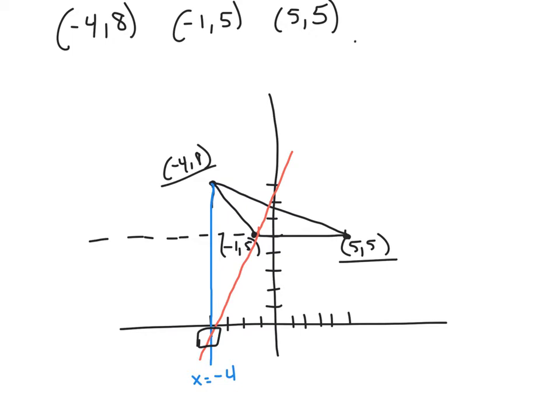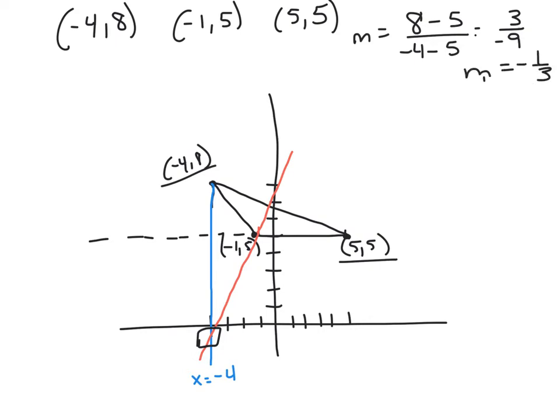So the slope is going to equal the change of y, so 8 minus 5, over the change of x, negative 4 minus 5, which is going to give me 3 over negative 9, which makes my slope negative 1/3.